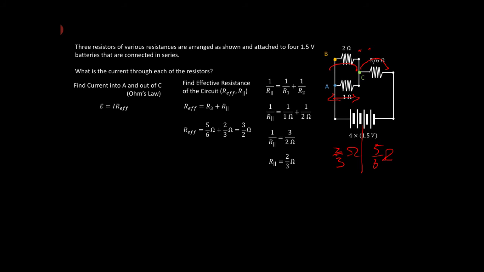And since they're summed, this thing is just 3/2 of an ohm. So one thing I can do is say, I know that this is 3/2 of an ohm and it has 6 volts.